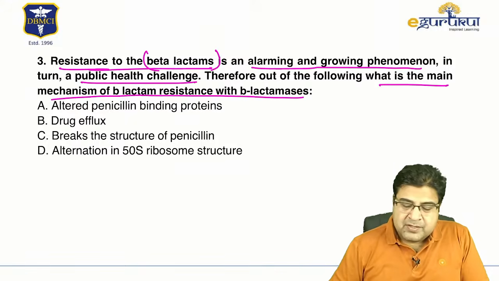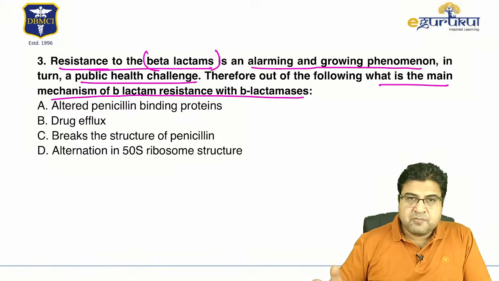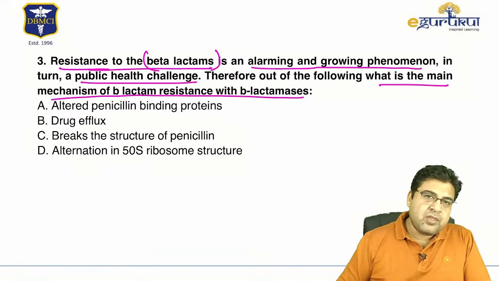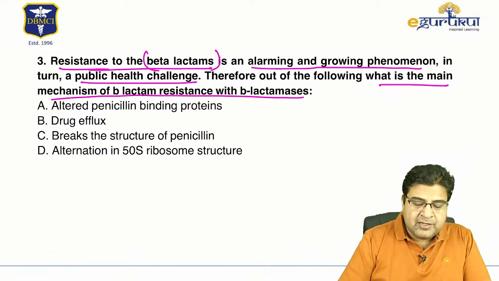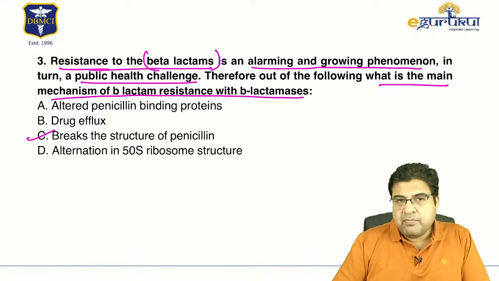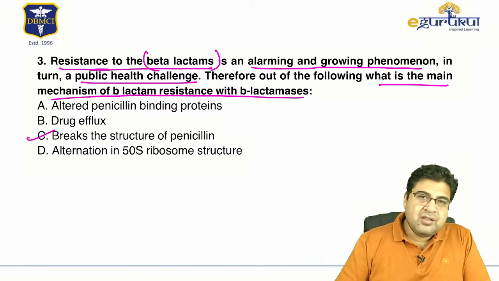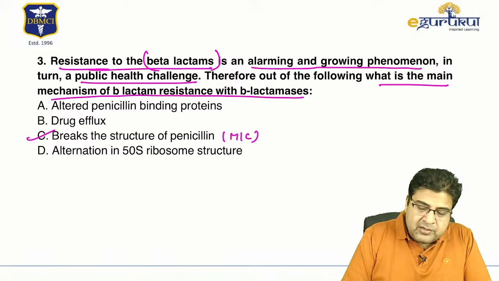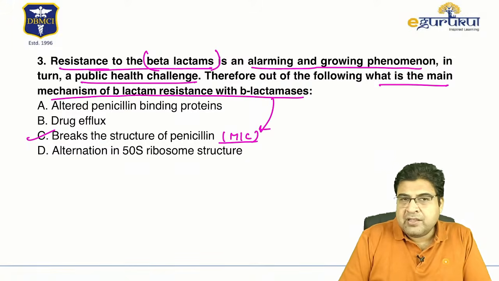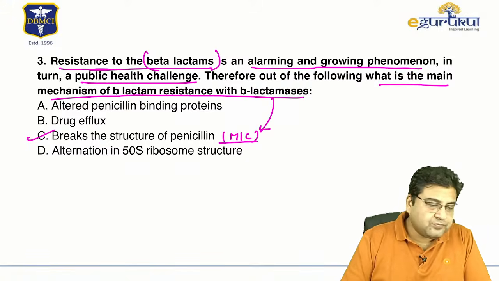So beta-lactamase is an enzyme which is produced by bacteria to open the beta-lactam ring. So it will break the beta-lactam ring, and once beta-lactamase breaks the beta-lactam ring, the bacteria become resistant, right? This is the most common method. They develop beta-lactamase and they can open the beta-lactam ring.